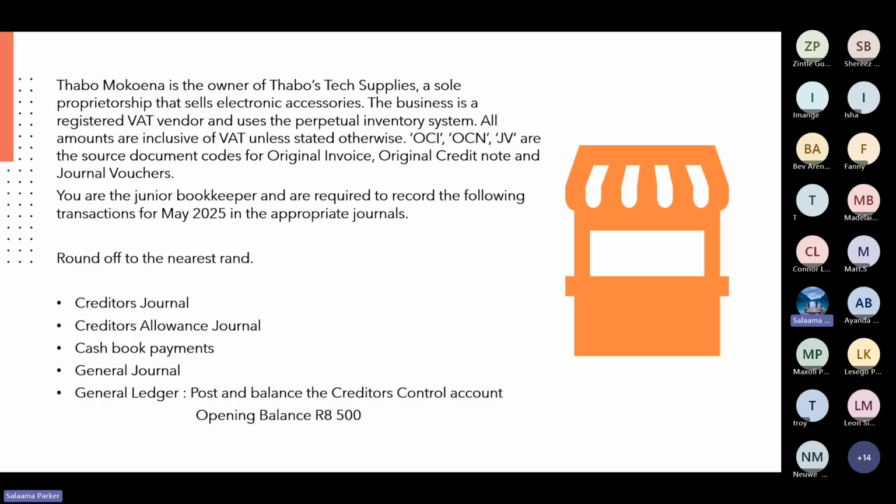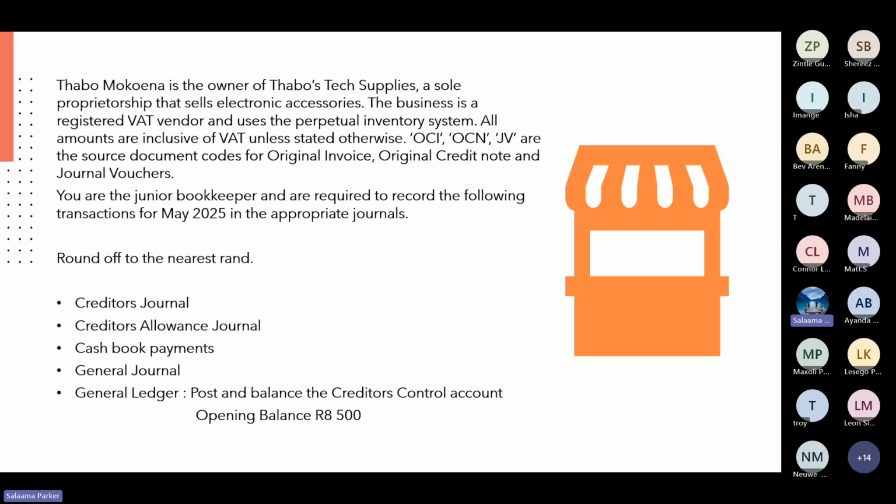So let's just look at the scenario given here. Thabu Mokina is the owner of Thabu Tech Supplies, a sole proprietorship that sells electronic accessories. The business is a registered VAT vendor and uses the perpetual inventory system. All amounts are inclusive of VAT unless otherwise stated.